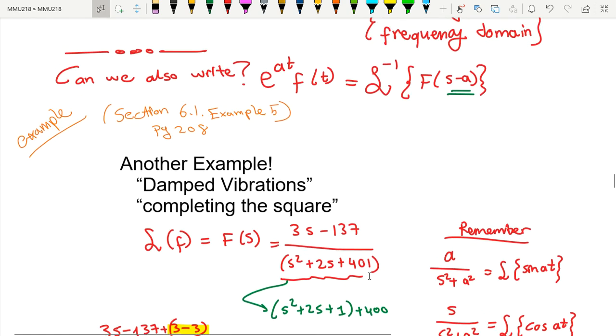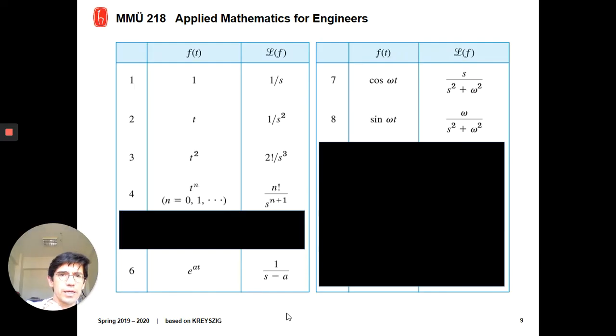How can I do it? Well, there's this little trick here. If I pull this 1 from 400 and match it with the s squared plus 2s, like here, I'm going to see a trend. That's exactly s plus 1 squared. And s plus 1 squared could be useful in one of the sine or cosine functions here because I have s squared appearing.